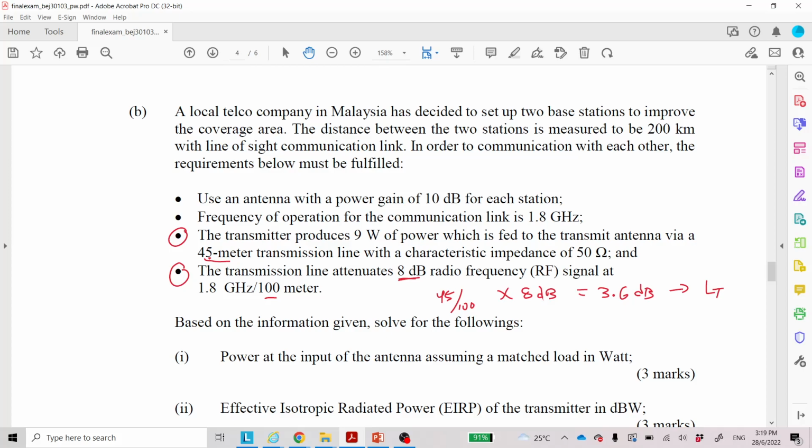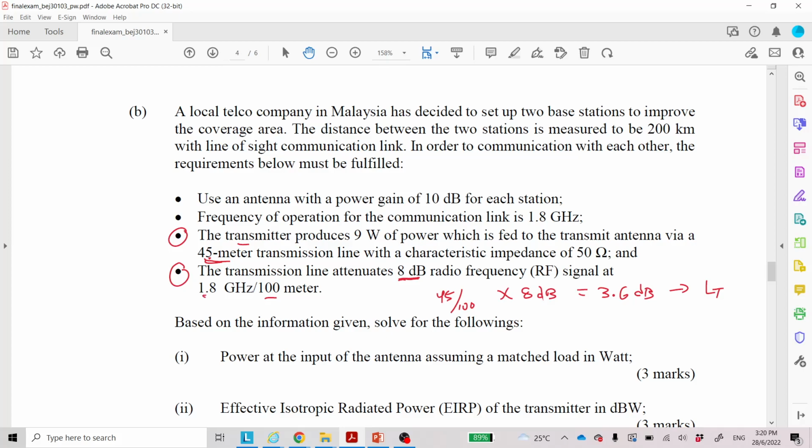LR is not mentioned here, because it only says that the transmitter produced 9 watt of power and it is fed into 45 meter of transmission line, and that this transmission line attenuates 8 dB for every 100 meter.